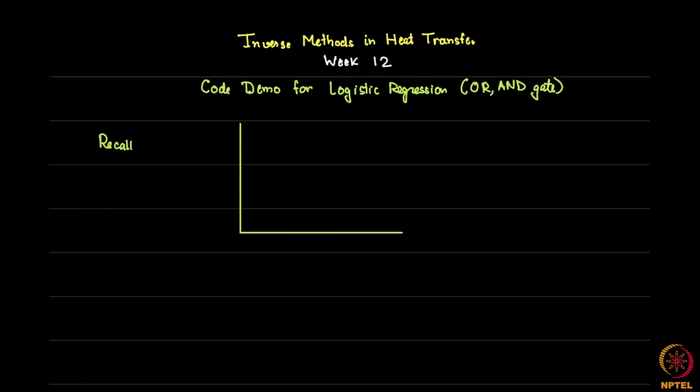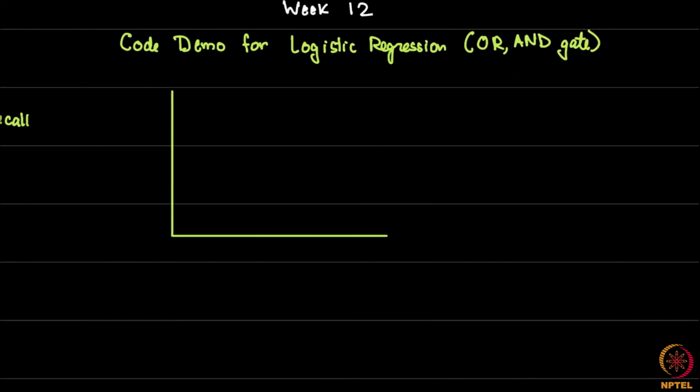And when we are given some data, let's say some data of the sort of an OR gate, which has 4 possibilities, 0, 0, 0, 1, 1, 0, and 1, 1. Then we typically get 0 only at one place, which is at 0, 0.